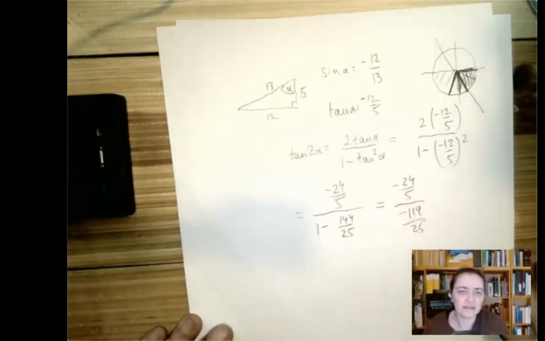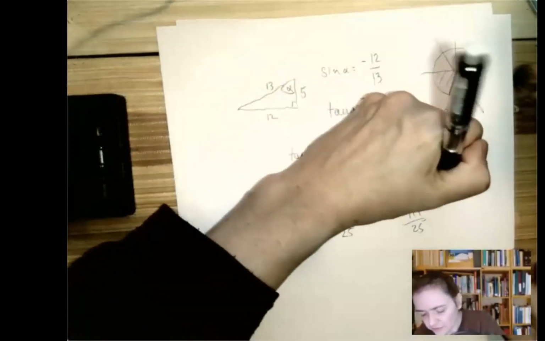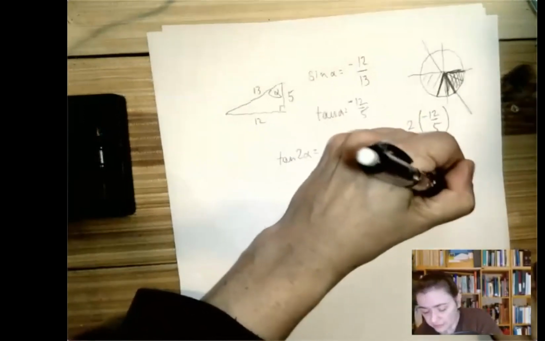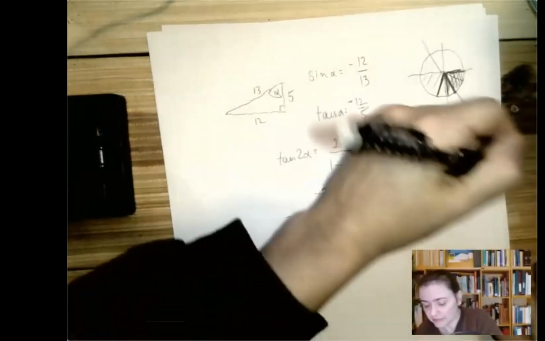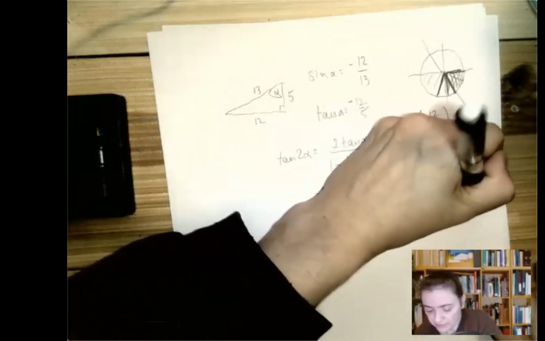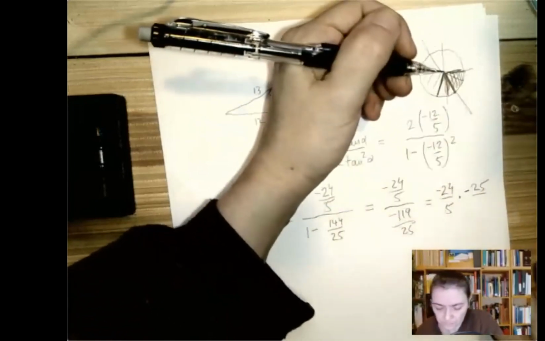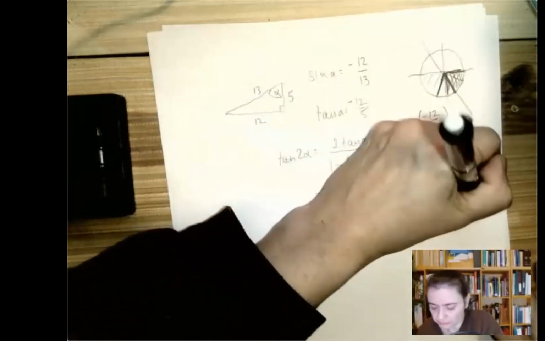And to divide is to multiply by the reciprocal. So we get negative 24 over 5 times negative 25 over 119.